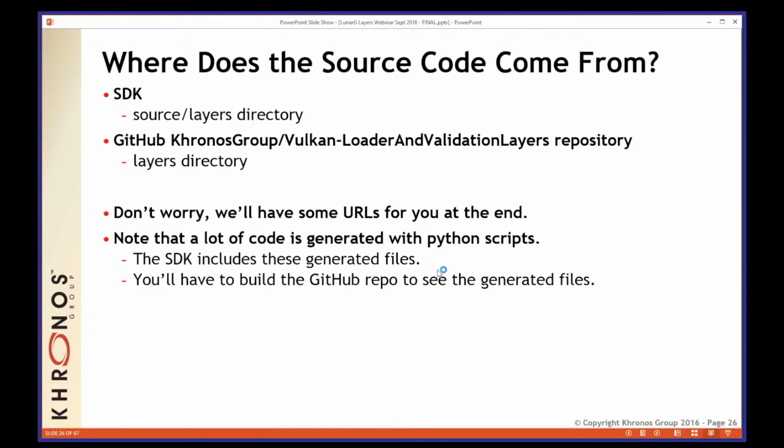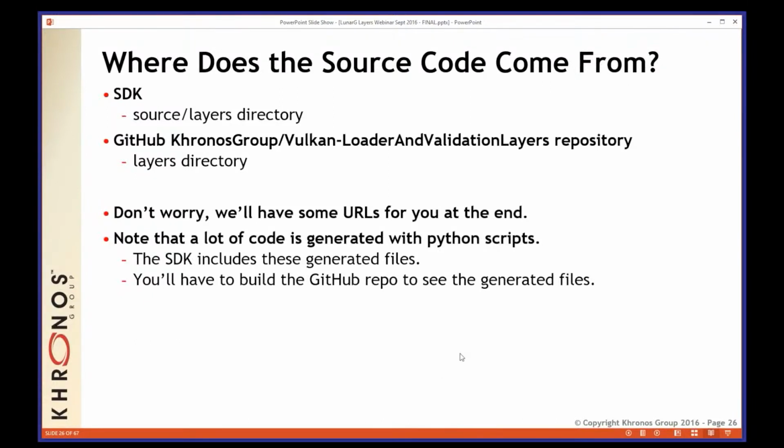And one thing to keep in mind about a lot of this validation code is that a lot of it is generated with Python scripts. A lot of that's done for convenience because it's tedious to write out code for every API call. Also, there's a lot of information in the XML file representation of the specification, which is leveraged to generate code as much as possible.